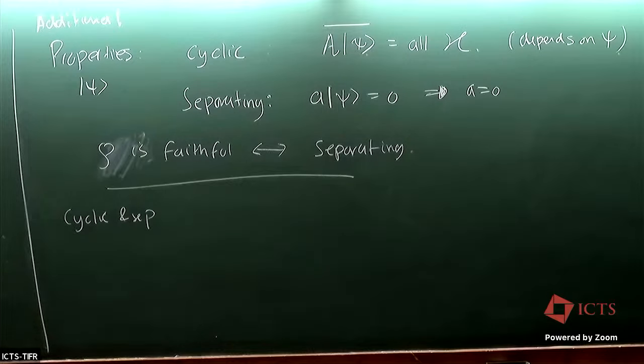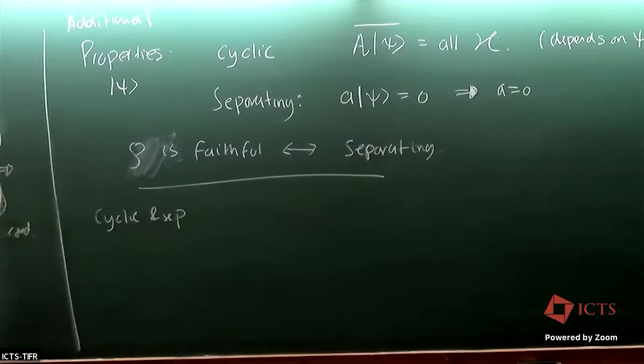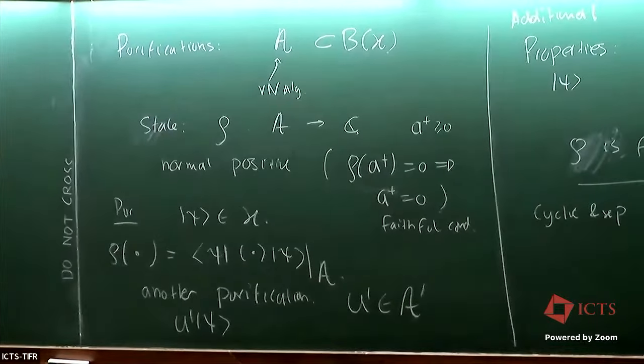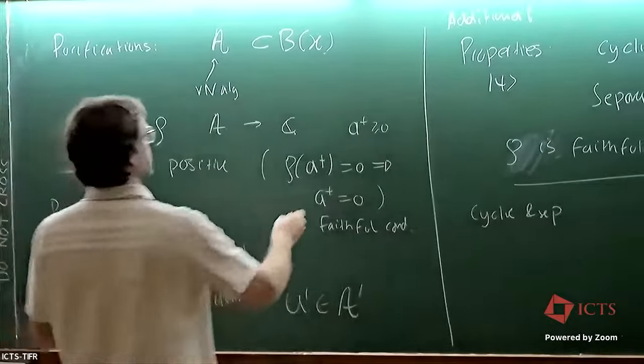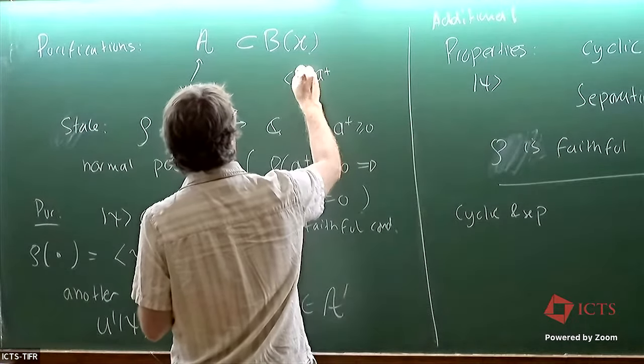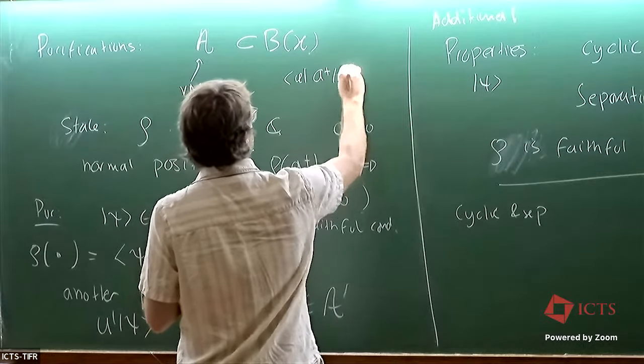A naive question: what do you mean by a positive operator here? Because we usually define in quantum mechanics a positive operator as... A positive operator is just an operator that in any state in the Hilbert space is positive.